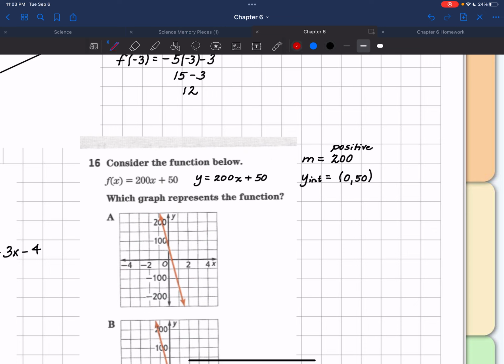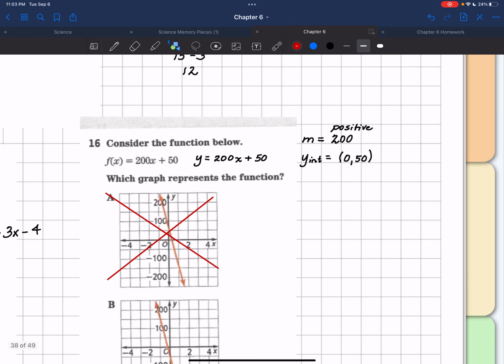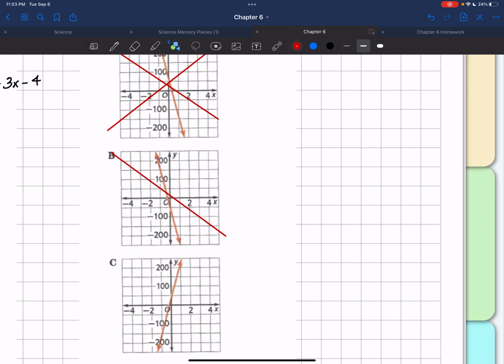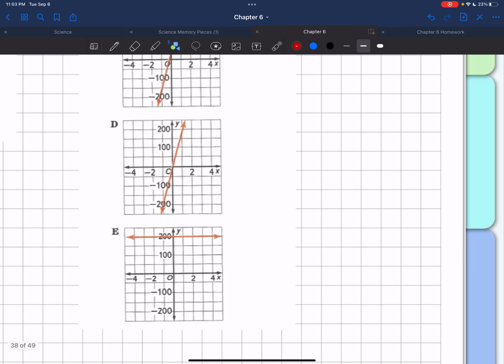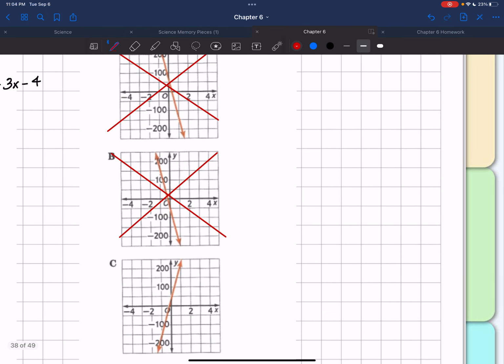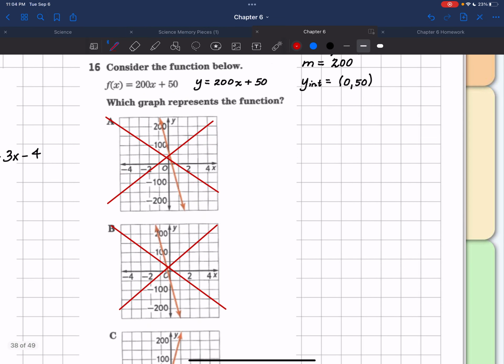A can be eliminated because it is a negative slope. B is a negative slope. C's positive, D's positive, and E is horizontal. E has a slope of 0. So that one can be eliminated because we know that slope would be 0. All right, so let me explain that a little bit. The slope of A is negative.